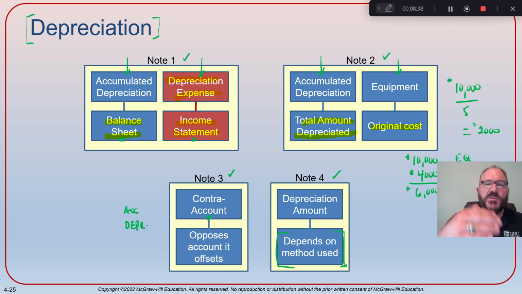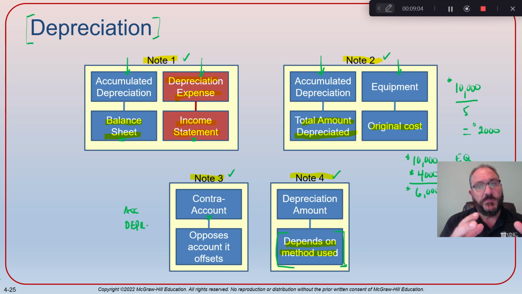By the way, notice up here it says note 1, note 2, note 3, note 4. What they're telling you here is that they're going to show you in the notes how you're doing this because it depends on the depreciation method used. So when you make financial statements, you have to tell people, this is the method we use to do it, because there's different methods.